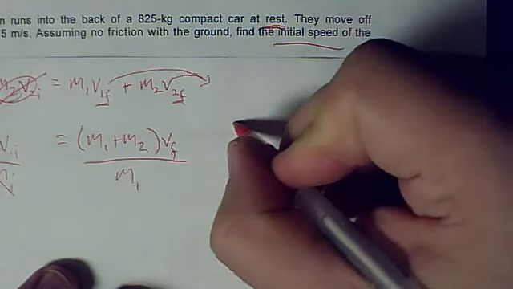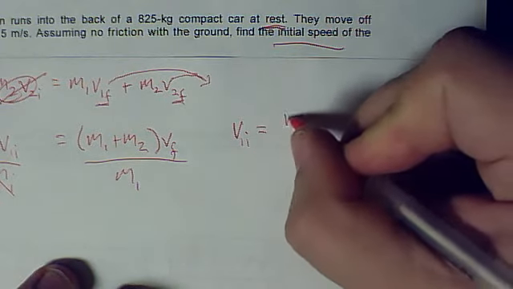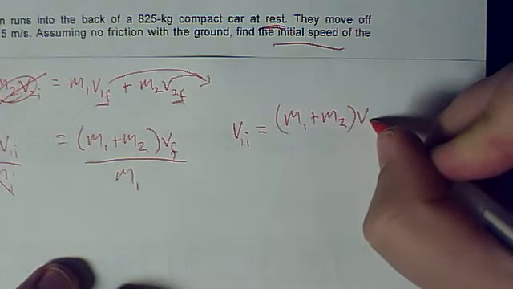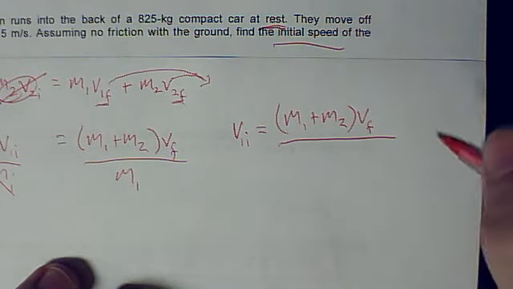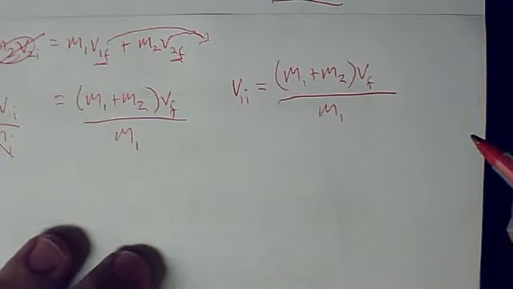Those cancel, so my equation is my initial velocity of the van is m1 plus m2 times vf, all divided by m1.